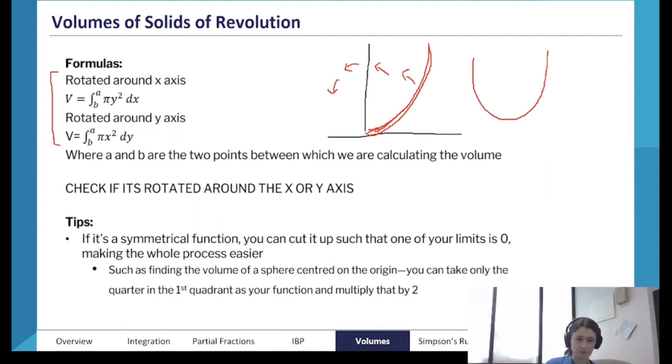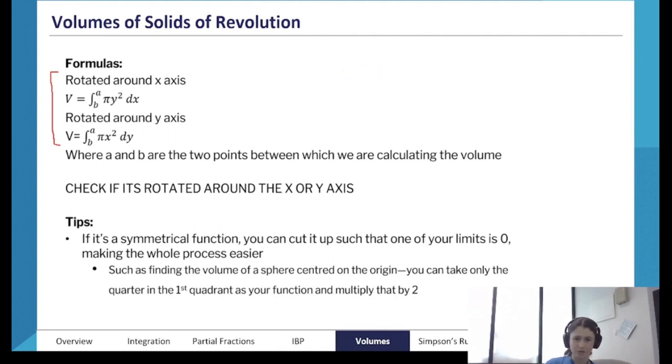And this is a really cool concept, because if you have some kind of circle here, we can rotate this around the x-axis, and that could find us the volume inside a sphere formed by this circle.